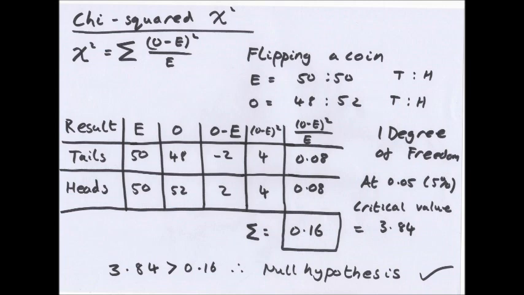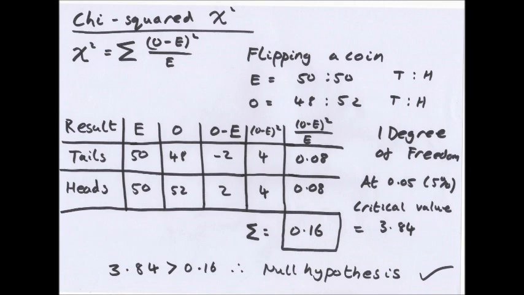That's how it works. Please look at the table while you're watching this, it makes a bit more sense. At 0.05 or 5%, the critical value is 3.84. So for our coin flip of 48-52, we want a chi-squared value of less than 3.84. Hope that makes sense.